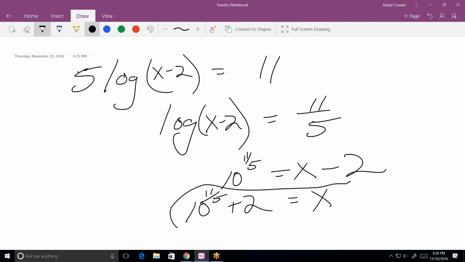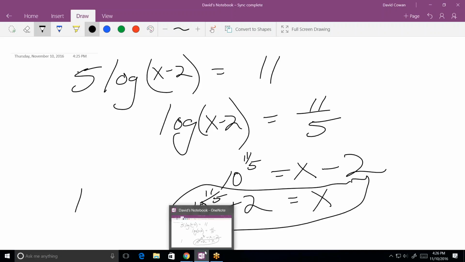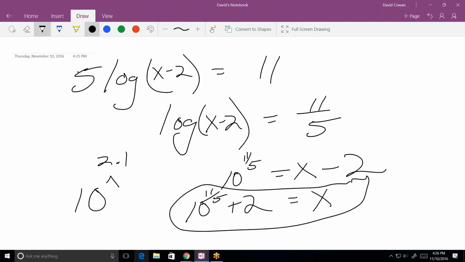Yep. And again, that's a number you can get out of your calculator. Just in your calculator, make it 10 raised to the 11/5 power. Okay. Equals 163.489. Sounds right. And then add 2 if you haven't already. Yeah, added 2. Okay.